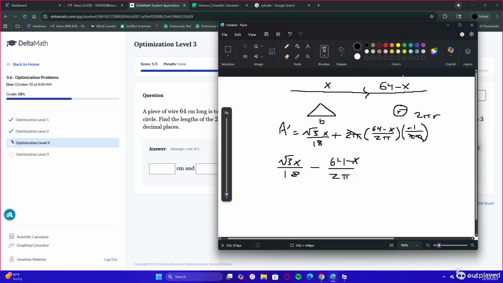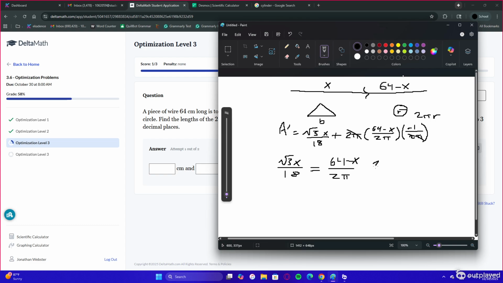And we have to solve that to equal 0. We can just set them equal to each other.